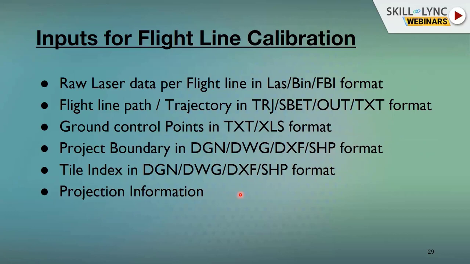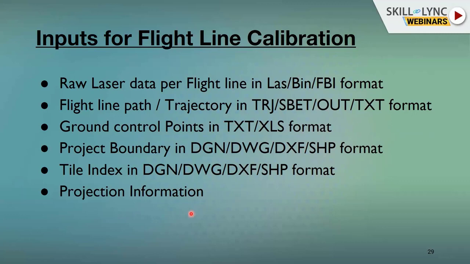Let's say I have 1,000 square kilometers. I'm going to create a 0.5 square kilometer grid for the tiles, and for that 0.5 or 1 square kilometer of data I can easily open it in the software, where the software will support us and our systems will also support us. So there won't be any hang or crash.